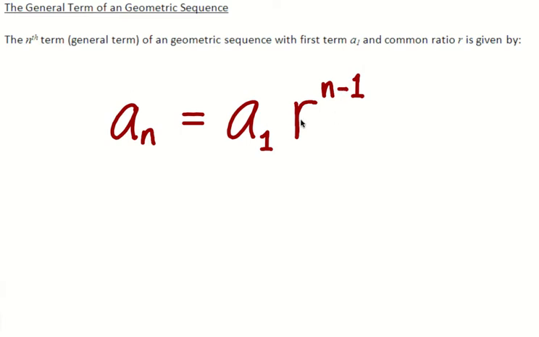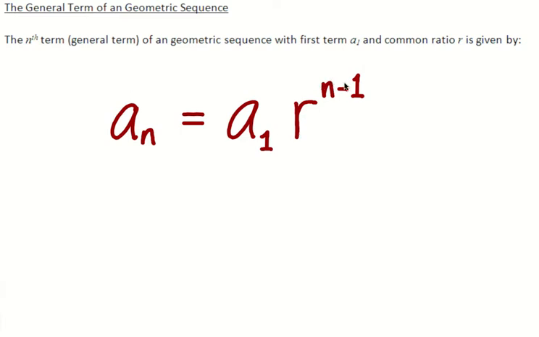Wouldn't that be like r times r times r times r? So you see there's a power kind of thing here. If you were going to multiply by r 3 times, it'd be r to the 3rd power. If you were going to multiply by r 9 times, it would end up being r to the 9th power.